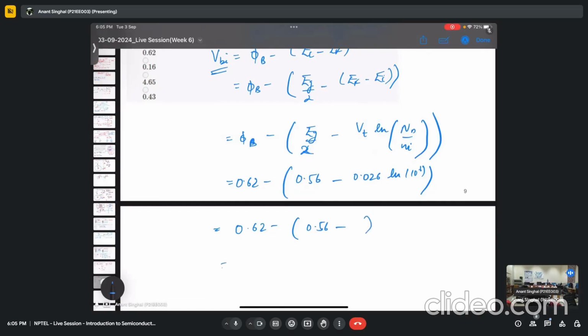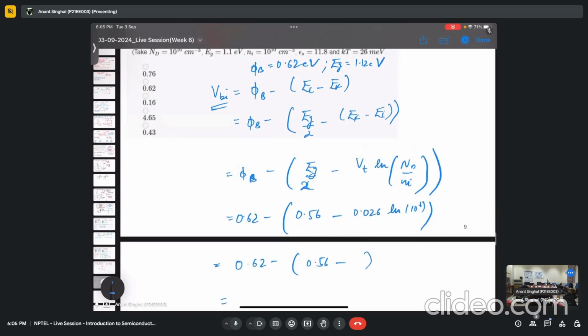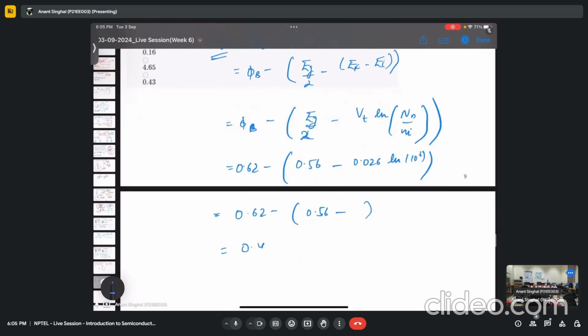Some value will come, and this will be less than 0.62 for sure. So this will be 0.429 electron volts, which is approximately 0.43 electron volts.